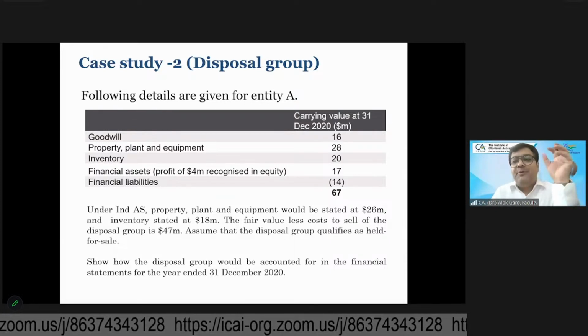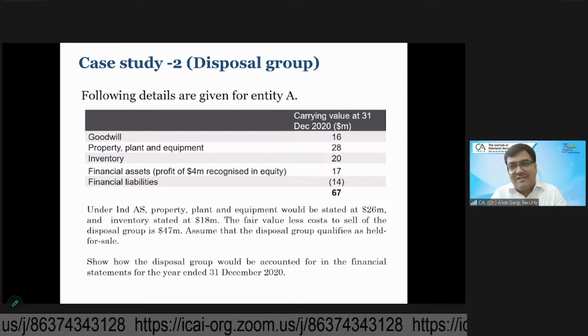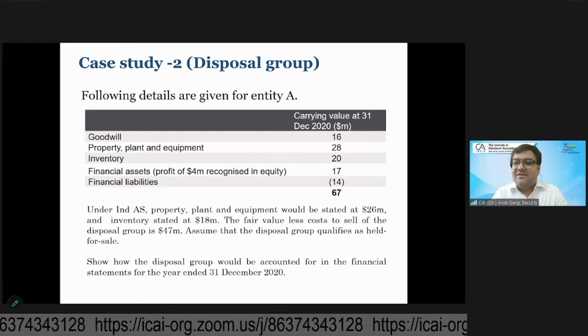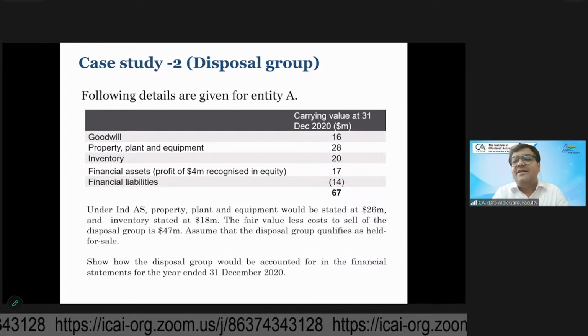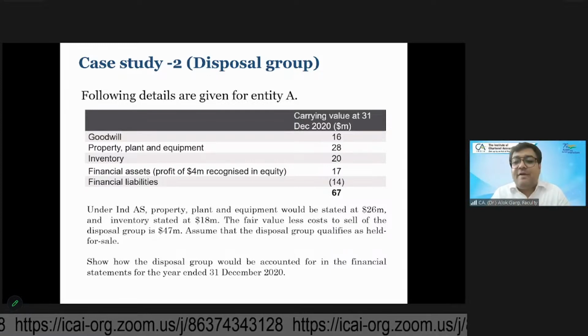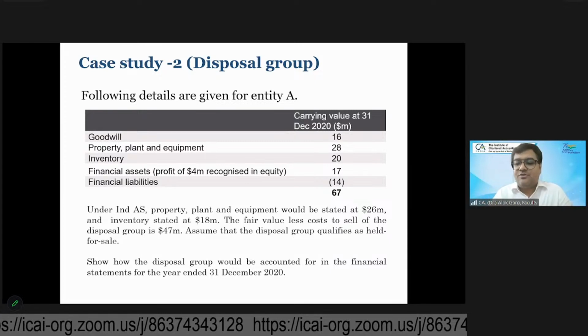Step number 1, compute carrying value as per the respective standard. Step number 2, compute fair value less cost to sell. Step number 3, compute impairment loss on account of change in classification, meaning recognize non-current asset held for sale or disposal group held for sale at the lower of carrying value or fair value less cost to sell. Right?